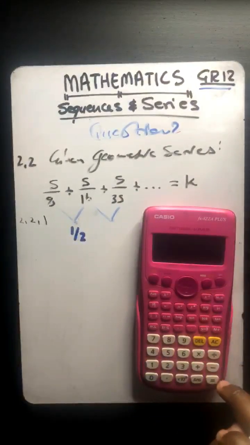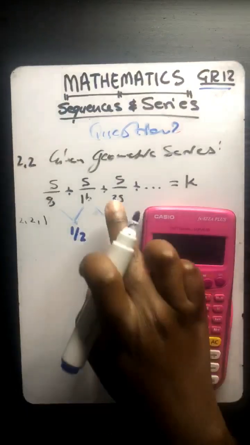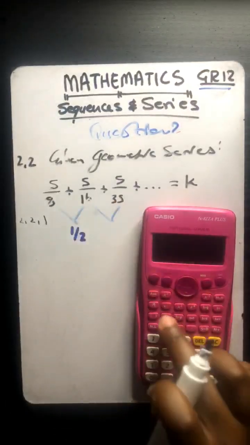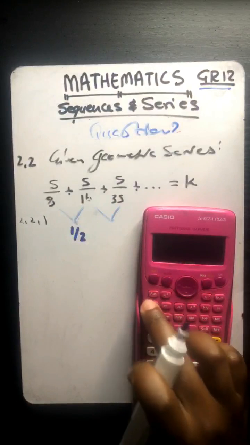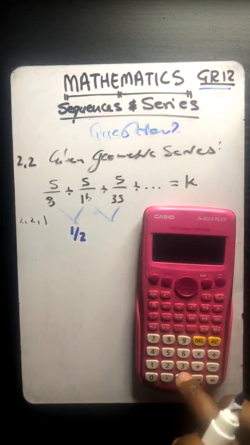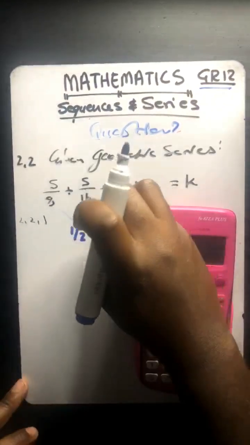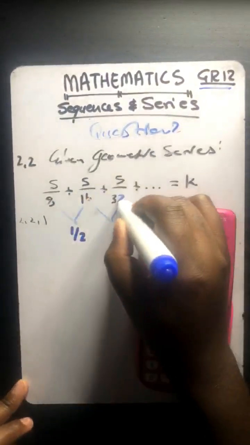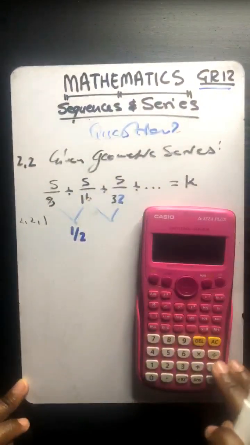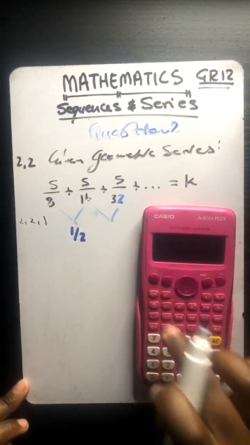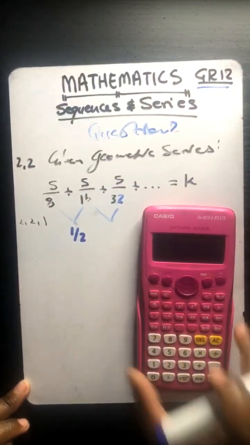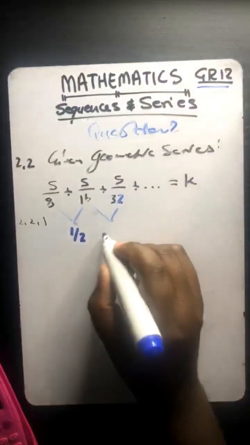I'm getting 1 over 2. Okay, let me see the difference there. 5 over 32, not 35. Yes, 32 there. Divided by 5 over 16. Yes, it gives 1 over 2.